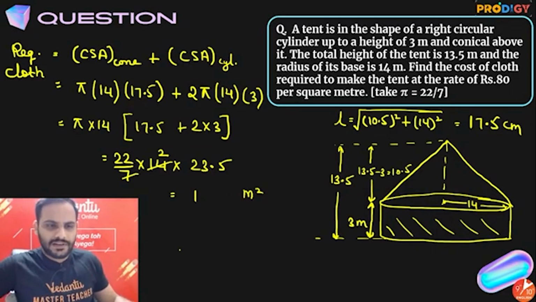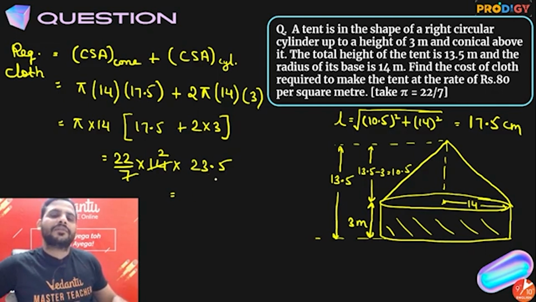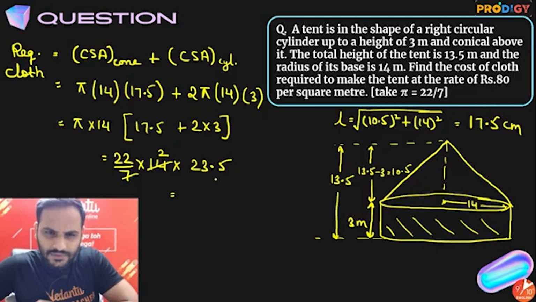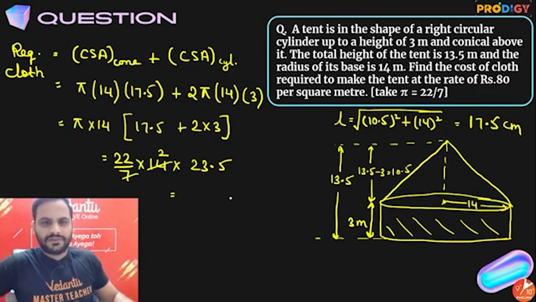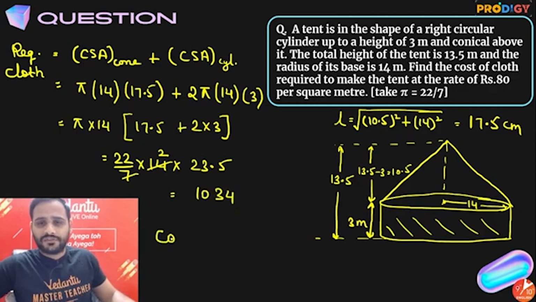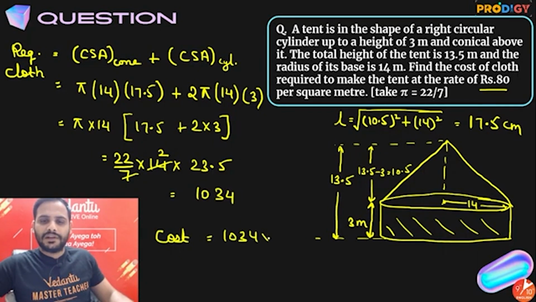Once you calculate this, yes, correct, I was making a mistake. 23.5. Okay, let's make it 1034. Now the cost for making it is rupees 80 per square meter, so the cost will be 1034 into 80.